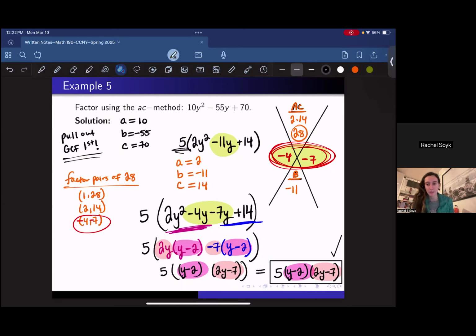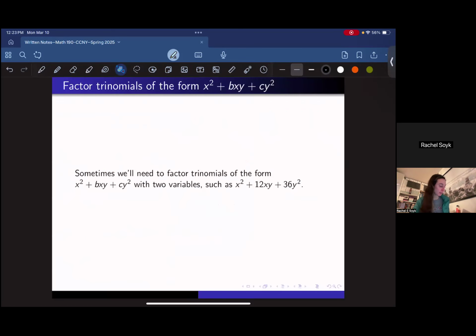Right. Let's keep trekking along. So in this sort of notes page, it's just mentioning we might be dealing with some trinomials that contain two variables. And so the procedure is exactly the same, even though it looks a little bit more complicated.